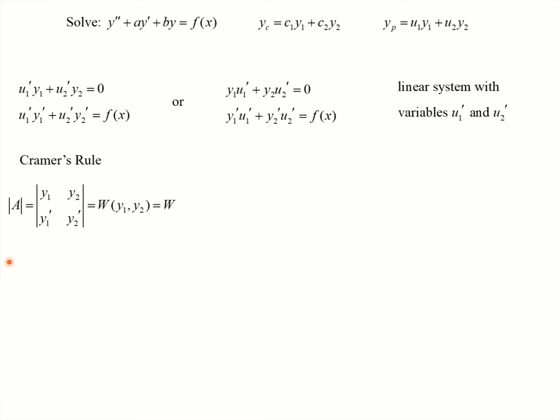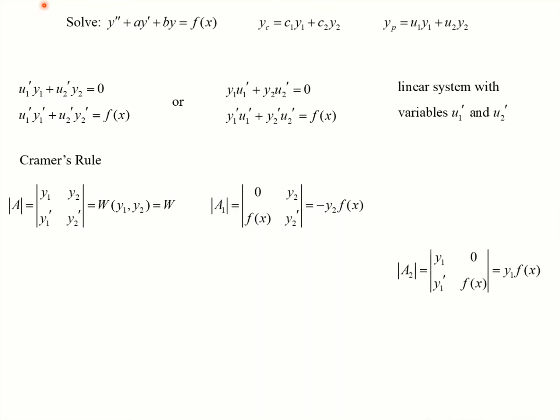And then I'm going to identify A1 and take its determinant. A1 happens to be this matrix A with the first column replaced by the right-hand side vector, which is 0, f of x. And when I take its determinant, ad minus bc gives me a negative y2 f. And the determinant of A2 gives me y1 f.